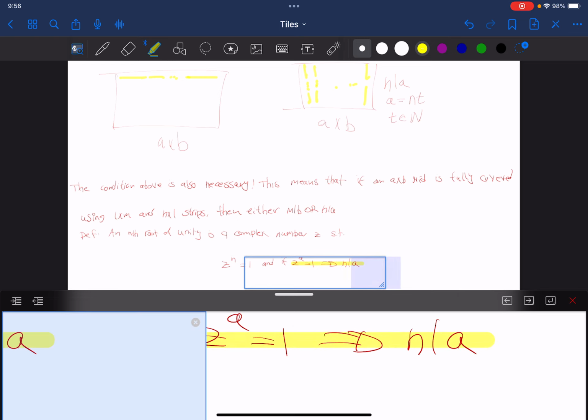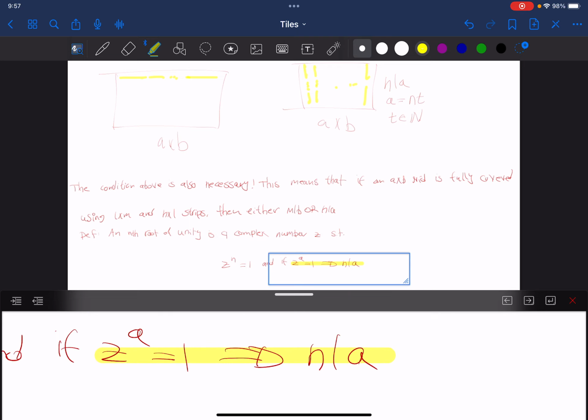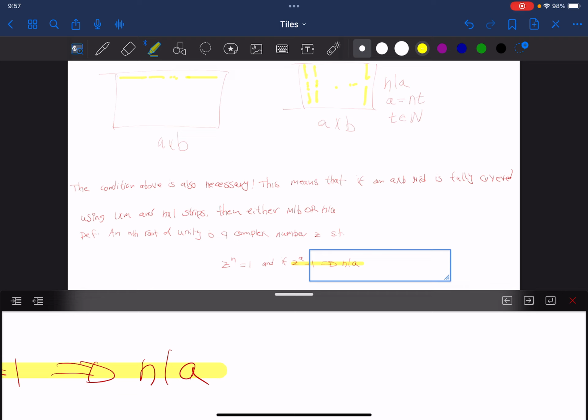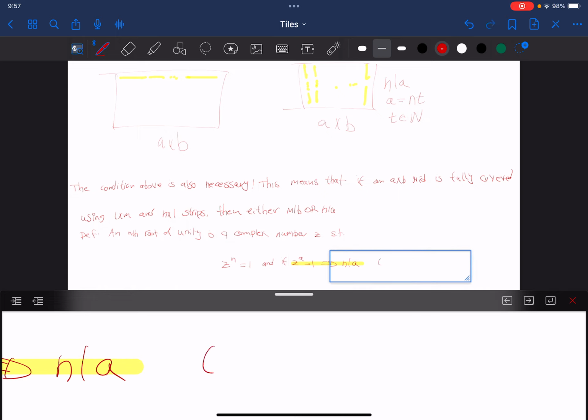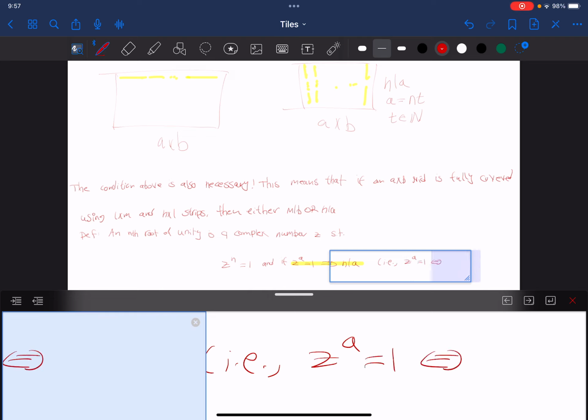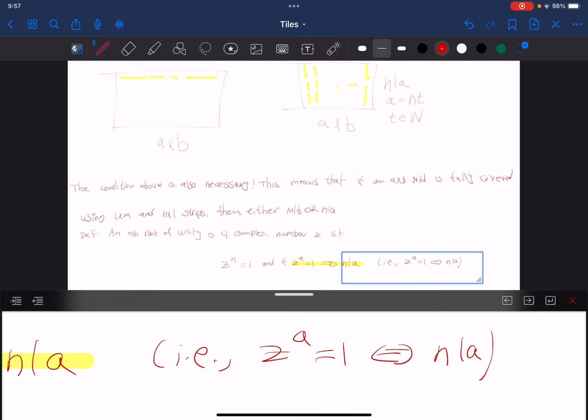This part is important. It tells us n is the smallest number such that z to the power n is equal to 1. If we have any other number a such that z to the power a is equal to 1, then n must divide a, right? And you can see that the other way around is also true. This is an if and only if condition. The other way is trivial. This basically means that z to the power a is equal to 1 if and only if n divides a.